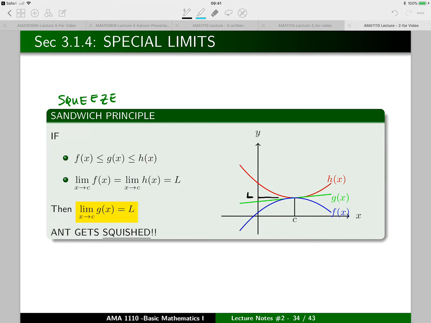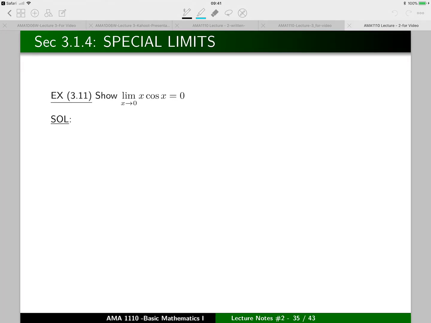The function is squeezed in between f and h into L. So the ant, if it's in here, gets squished, right? Or squeezed.